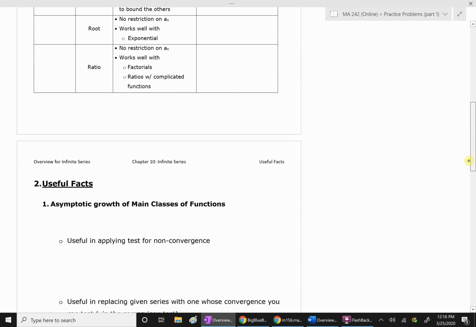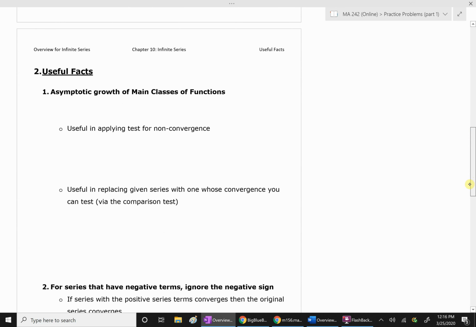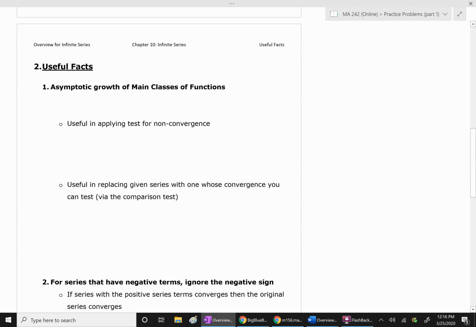So three helpful hints when you're looking at these is, first of all, to remember these rules about how various classes of functions grow asymptotically.